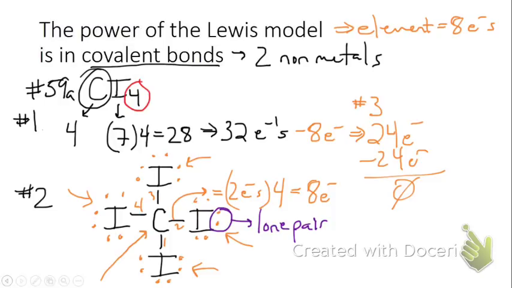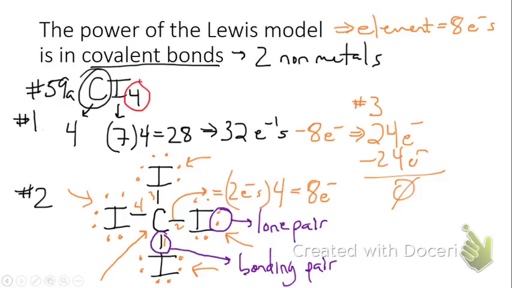We'll talk a little bit more about where lone pairs can go in Chapter 10, but for now we just need to know there's lone pair. This right here, this bond, is known as a bonding pair.